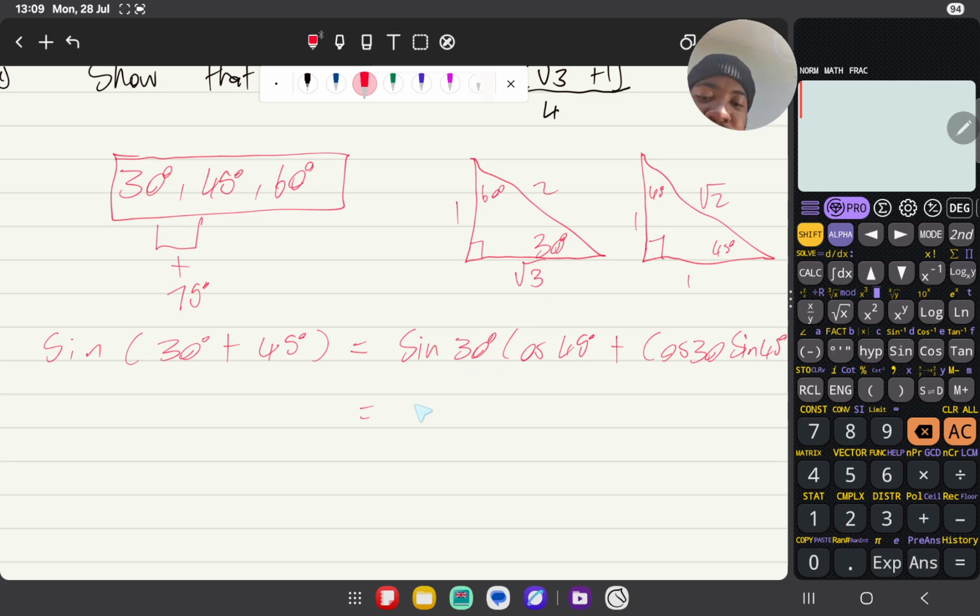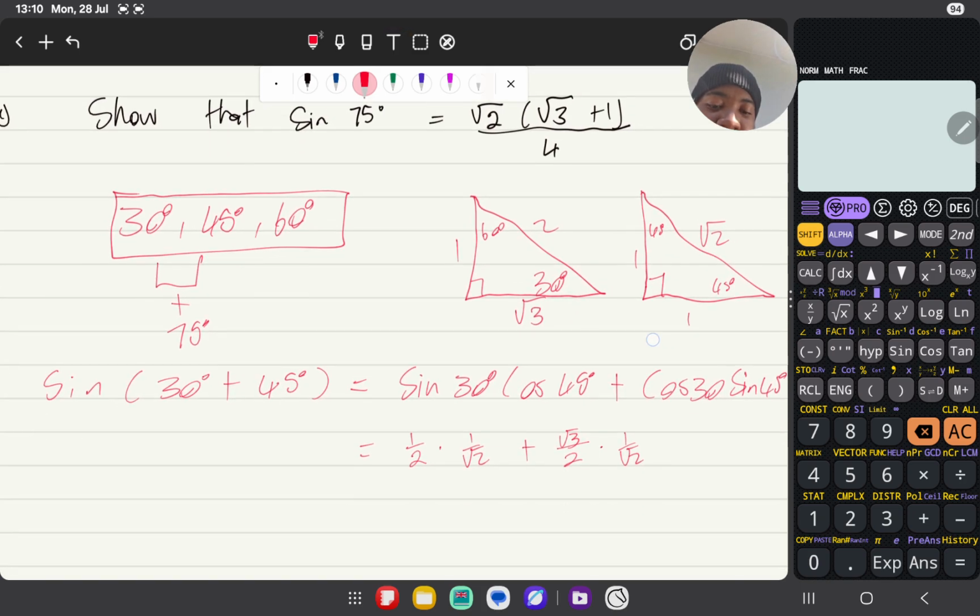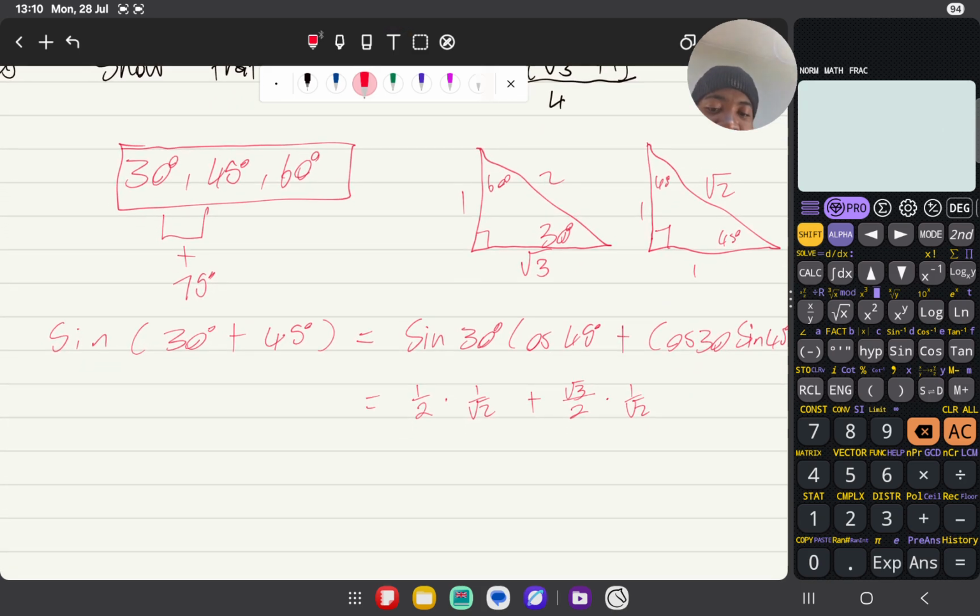Sine 30 is 1 over 2, multiplied by cos 45, which is 1 over square root of 2, plus cos 30, which is square root of 3 over 2, adjacent over hypotenuse, multiplied by sine 45, 1 over square root of 2. Let's rationalize these two.